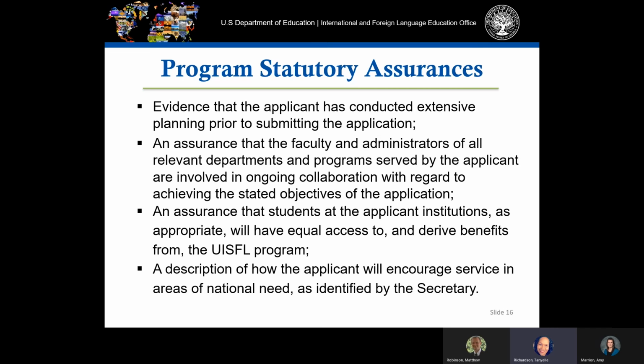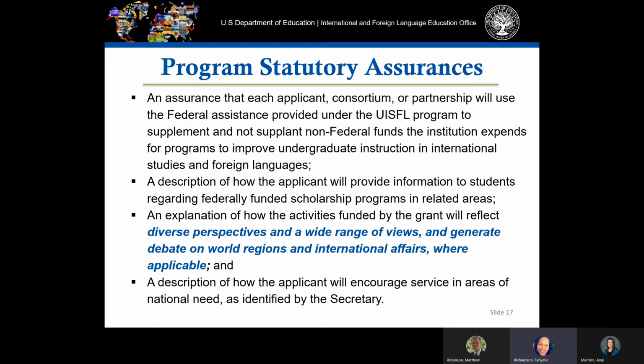More importantly, we do require in the application that you explain how this application reflects diverse perspectives and a wide range of views and generates debate among world regions and international affairs where applicable, meaning that you have to have a statement saying that you've met that particular diverse perspective requirement. That is a requirement for all applicants.